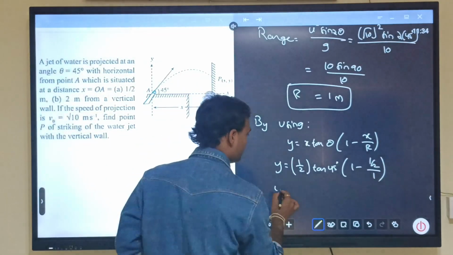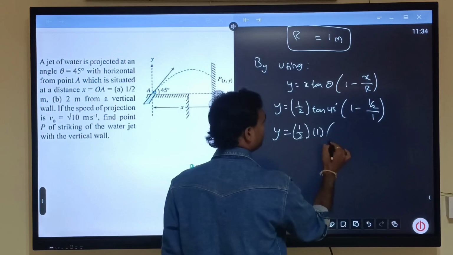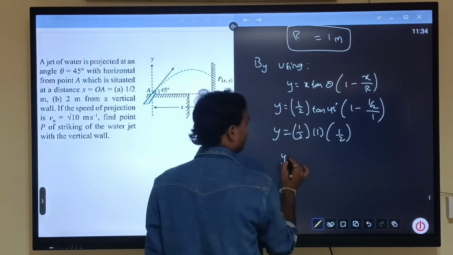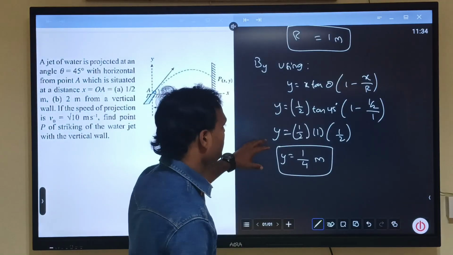Which is equal to 1 by 2, 1 by 2. Then y is equal to 1 by 4 meter.